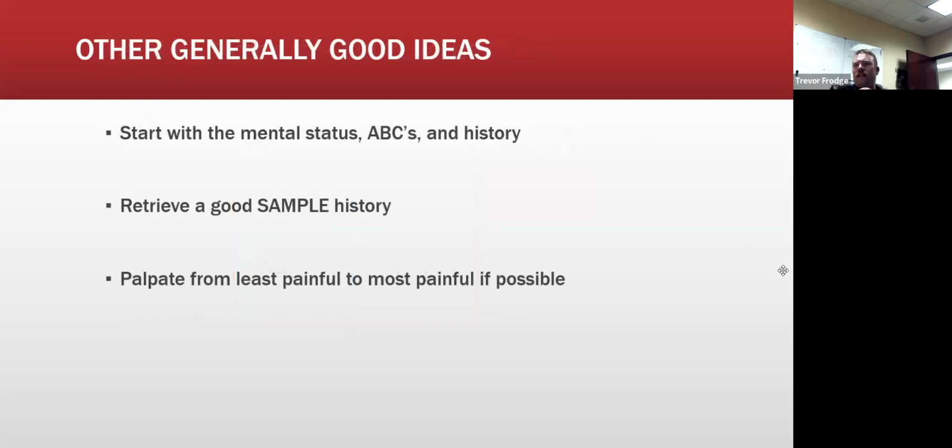Some other generally good ideas that are out there, obviously, don't start with just touching someone's stomach. Start with the mental status, our ABCs, and our history. So get a good focused assessment in. Really focus on the mental status, the ABCs, and history, and then get a good SAMPLE history. Making sure that we're going down that mnemonic, making sure we're getting the medications, the allergies, and the pertinent past history.